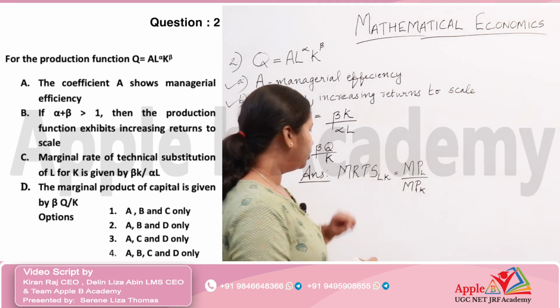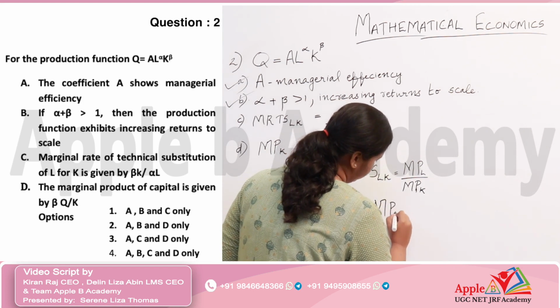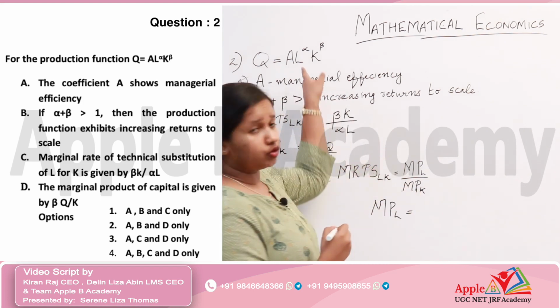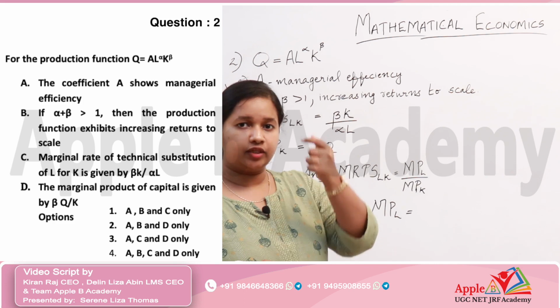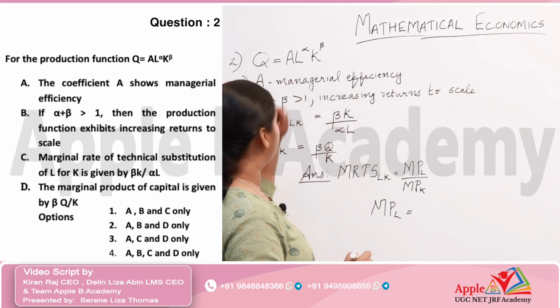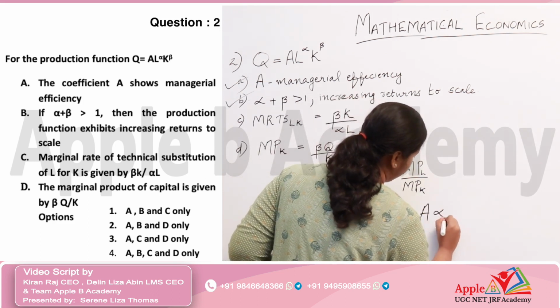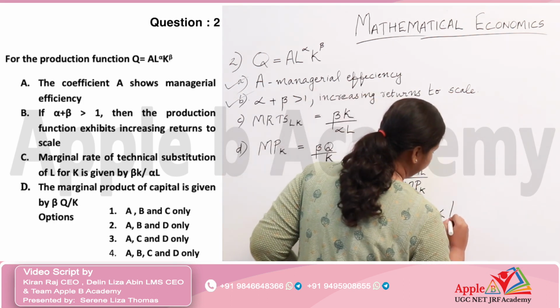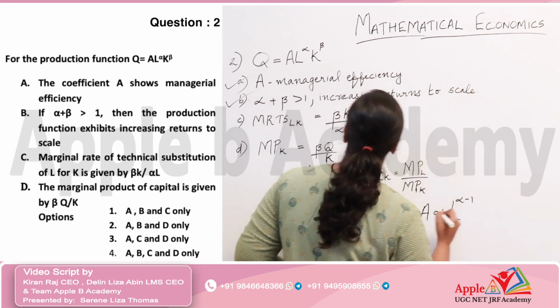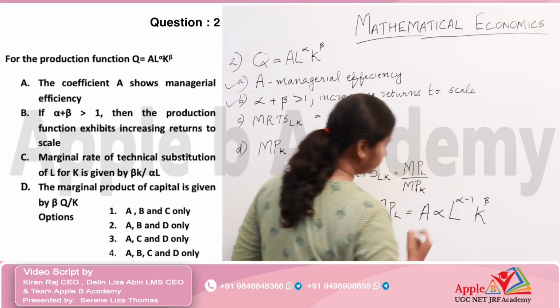So in order to find MPL, we differentiate this function with respect to labor alone. Differentiating this with respect to labor alone, we get A alpha L raised to alpha minus 1, K raised to beta.